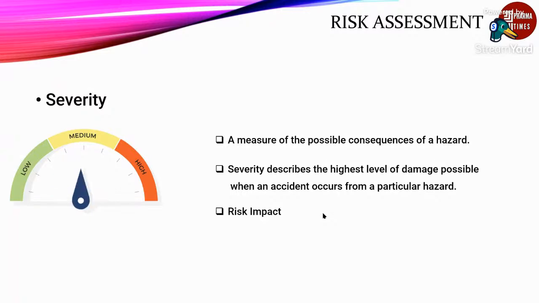Or based on experience you say there is no impact if this function is not working fine, or this probability appears during production. So severity is a risk impact, a measure of possible consequences of that hazard. Severity describes the highest level of damage possible when an accident occurs from a particular hazard.